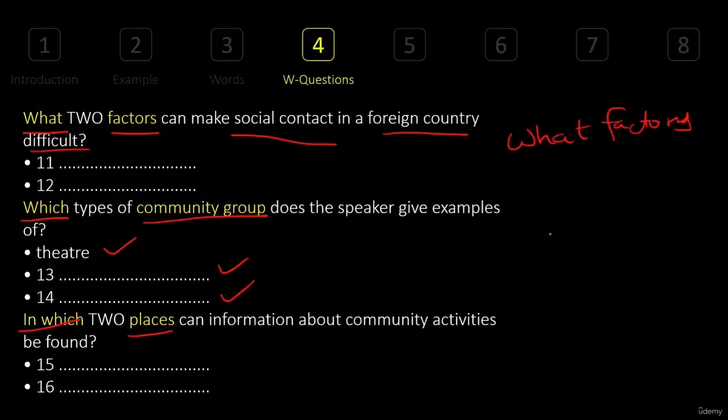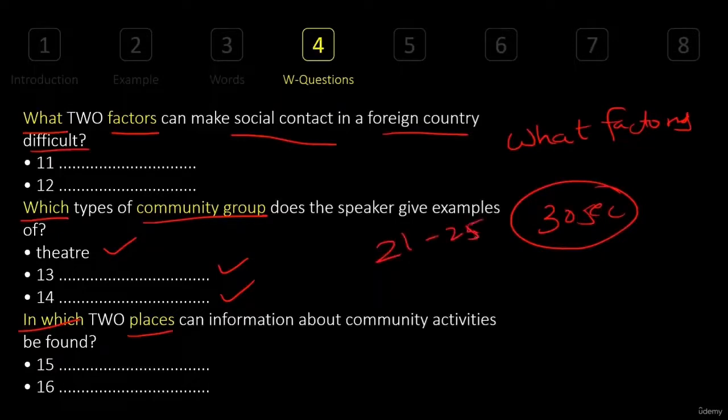Now, while you're listening to the audio, of course, you cannot read everything at the same time. You are supposed to read this when you're given 30 seconds before you go for the question slot. Let's say they'll say, please read the questions between 21 to 25, and then you hear the audio.